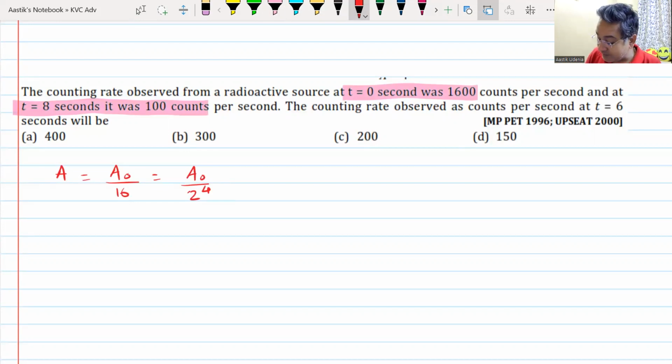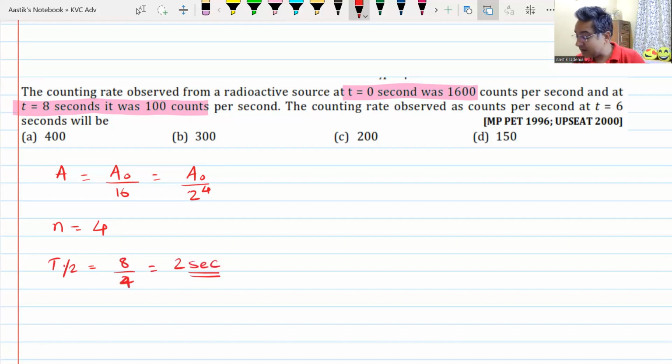So, the number of half-lives is 4 and the time it takes is 8 seconds. So from there you can find out the half-life would be 8 seconds divided by 4. The half-life would be 2 seconds.